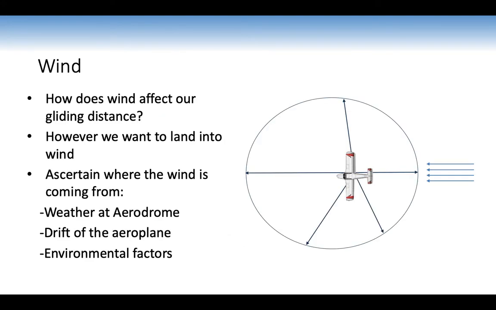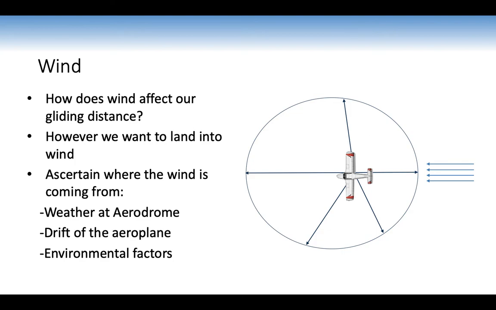So wind. How does wind affect our gliding distance? A tailwind means we'll glide further, but a headwind reduces our gliding distance. But we want to land into wind. So the PFL pattern allows us to use tailwind for the downwind leg, and then once we're at our low key, we turn around and land into wind. I'll show you what it looks like in a moment. First, ascertain where the wind is coming from.